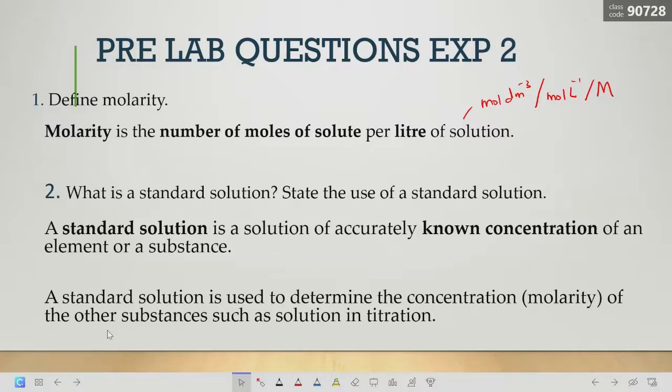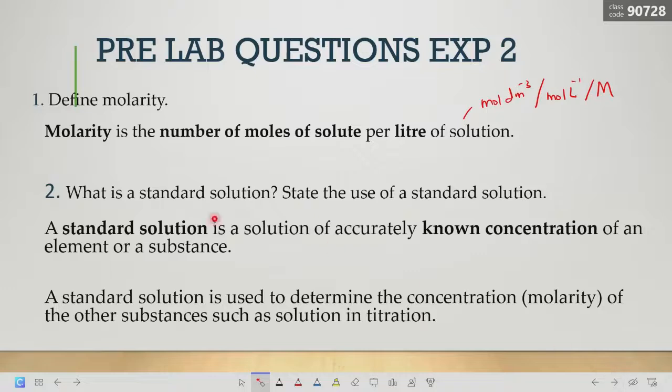A standard solution is used to determine the concentration, which we call the molarity, of another substance such as a solution in titration. So basically, when we use the standard solution, this will involve titration. You have to know how to prepare the standard solution using the volumetric flask.